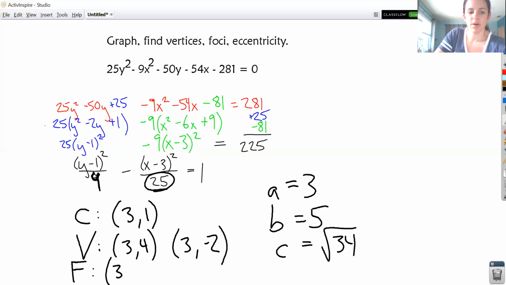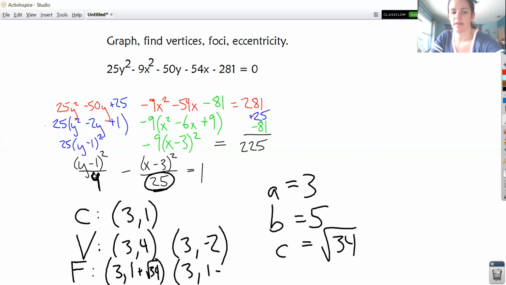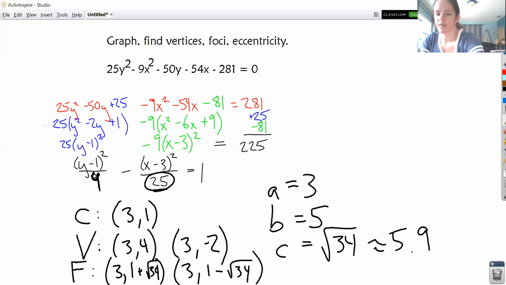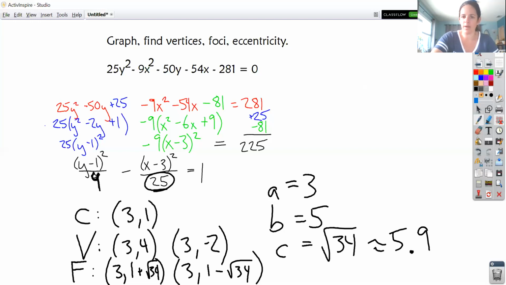So from 3, 1, I'm simply moving up and then down root 34. So I would get 1 plus root 34 for one y coordinate, and then 1 minus root 34 for the other y coordinate. And root 34 I need to know is approximately what, 5.9 or something. Root 36 is 6. So when I put it on the graph, I would know where exactly to put that.